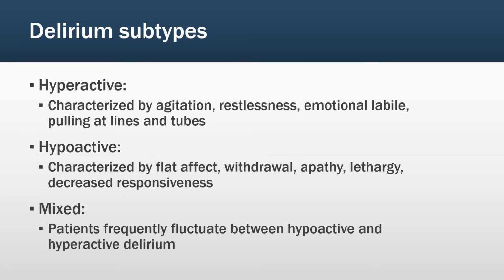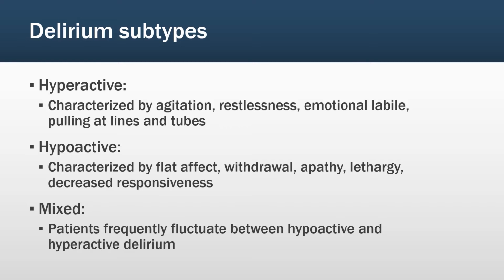Typically, when we think of delirium, we think of the agitated and hallucinating patient. This is one of the subtypes of delirium, but is actually not the most common type. It is, however, the most easily identified as delirium because of the outward manifestations of the symptoms. Hyperactive delirium is characterized by agitation, restlessness, being emotionally labile, and pulling at lines and tubes.